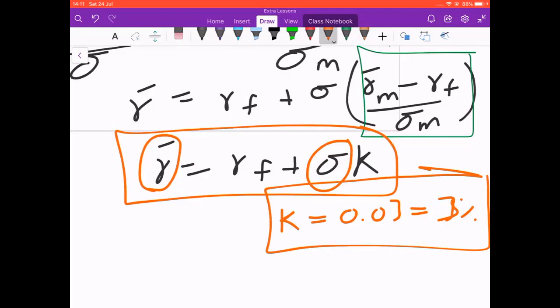Actually, if your risk increases by a unit, your returns need to increase by that K, and in this case, the K is 3%. Any questions? So K tells you by how much your return should increase for every unit increase of your risk.